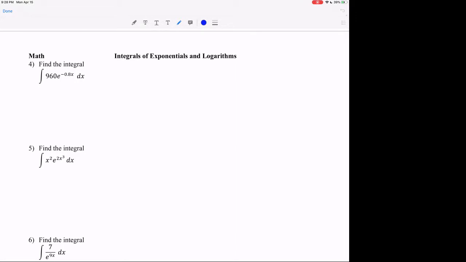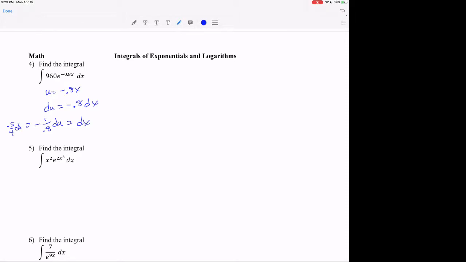All right. So most of these are going to be u substitution because that's where most students struggle. So u equals negative 0.8x. Then du equals negative 0.8 dx. So 1 over 0.8 du equals dx. That makes this actually negative 5/4 du.